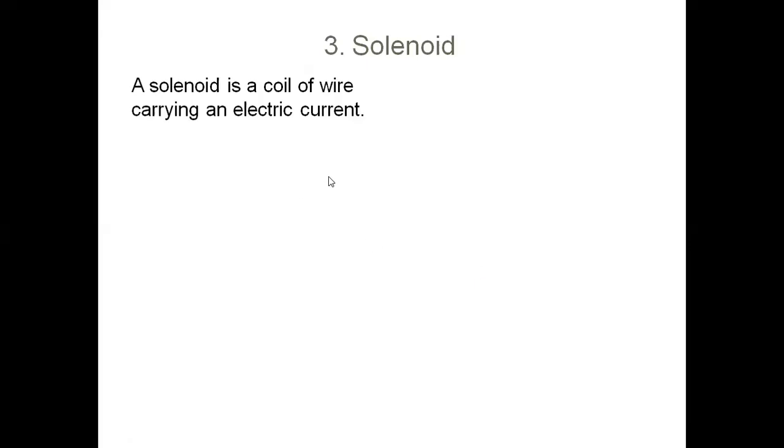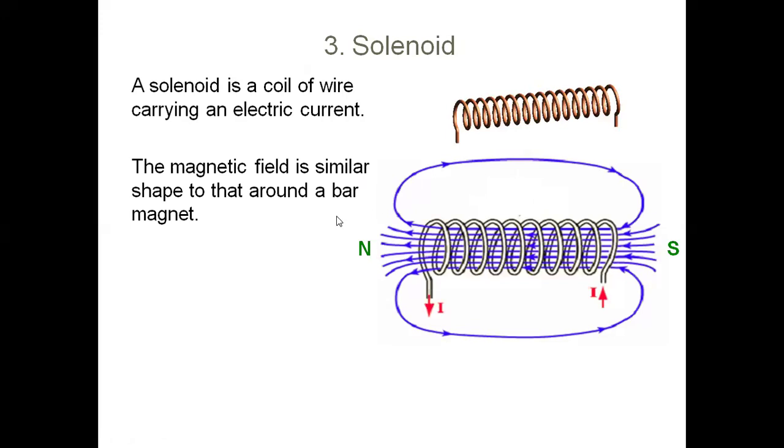Solenoid. A solenoid is a coil of wire carrying an electric current. If current flows through this coil of wire, it actually becomes an electromagnet. So the magnetic field is similar in shape to that of the bar magnet. That is, one end will be north and the other one will be south.